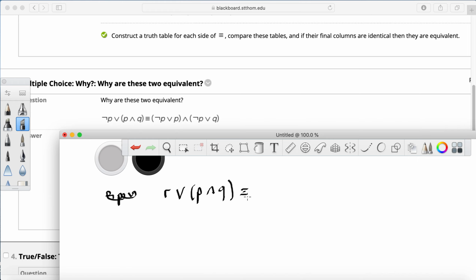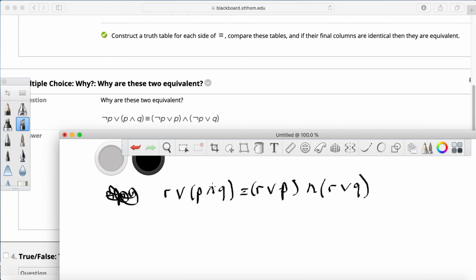And this is going to be logically equivalent to (R or P) and (R or Q). This is just the distribution law. If this is not clear, go ahead and rewatch the algebra of propositions video.